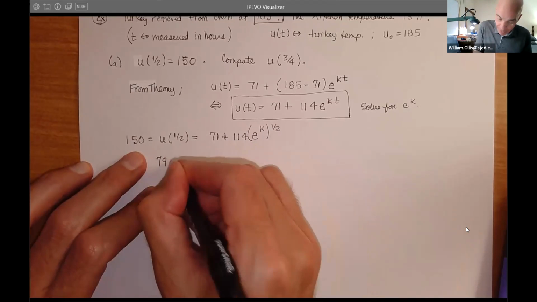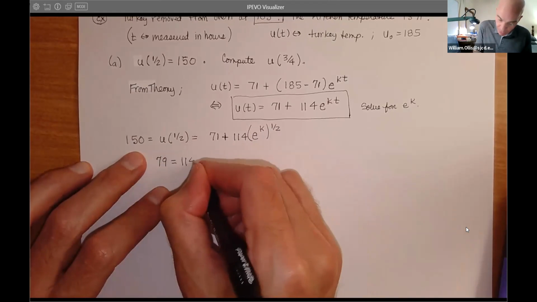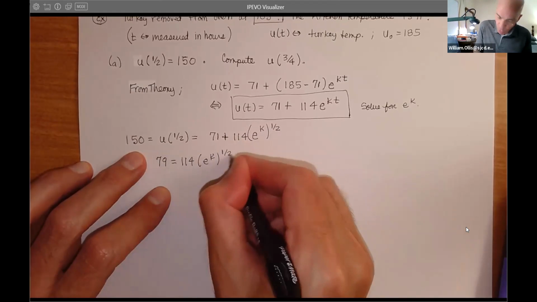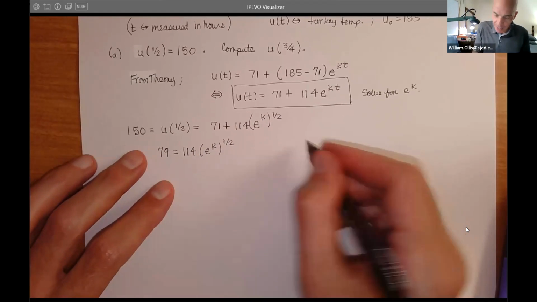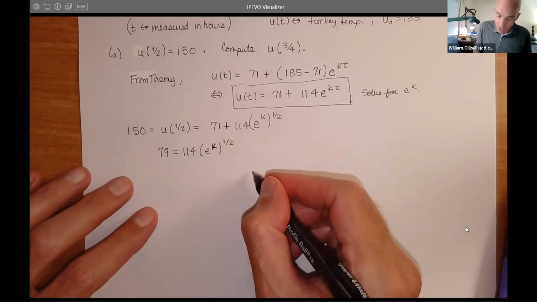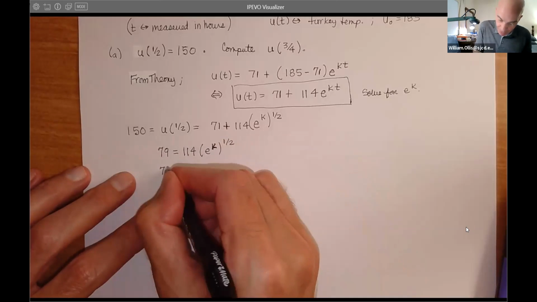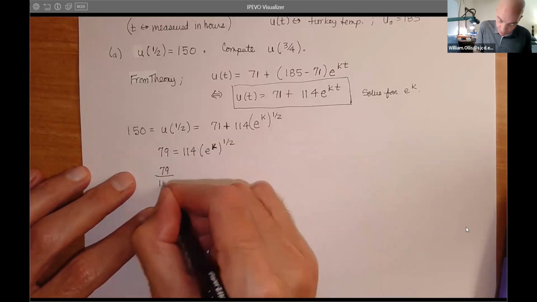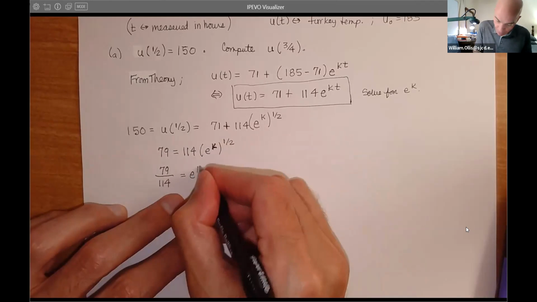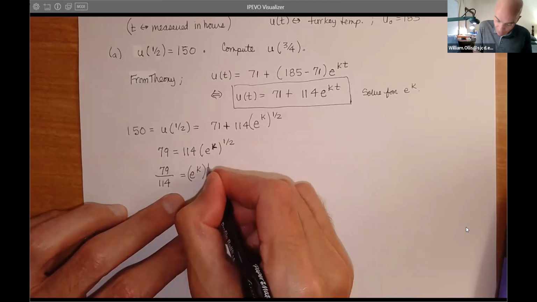So 79 equals 114 e to the k to the 1/2. I'll do a couple more steps here. I did the last one a little bit fast, but I'm just thinking about time. So now we've got 79 divided by 114 equals e to the k raised to the 1/2 power.